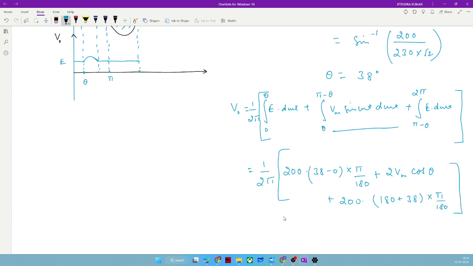Now you have to solve this expression, and let me calculate it. So 200, 180 plus 38.